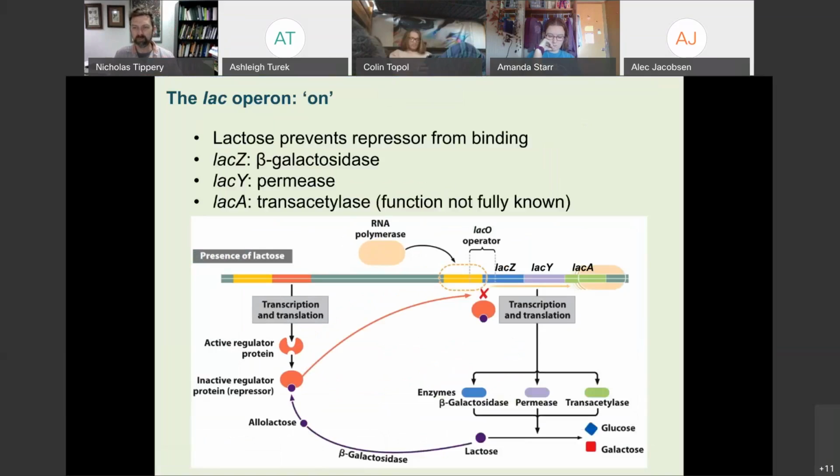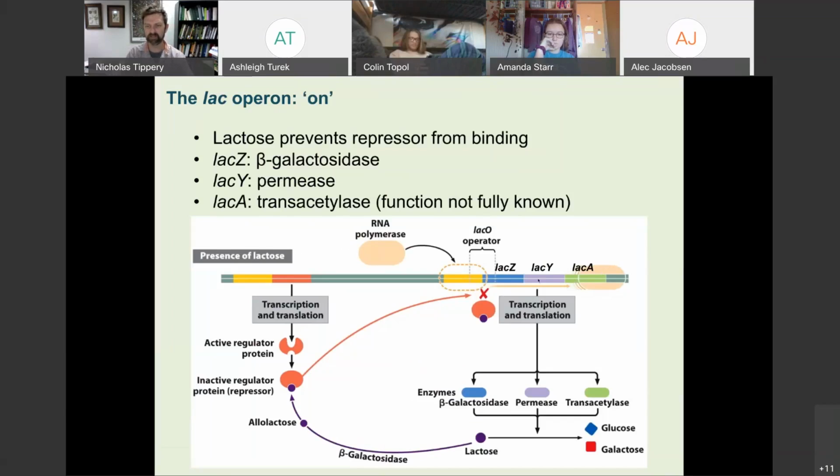So by transcribing these genes, and I don't dwell on the specifics too much, the names for the genes are called LacZ, LacY, LacA. I don't need you to know the names for them. If I ever give you the names, I'll also give you a diagram for what they're doing. But it does help to show what these genes contain the instructions for.